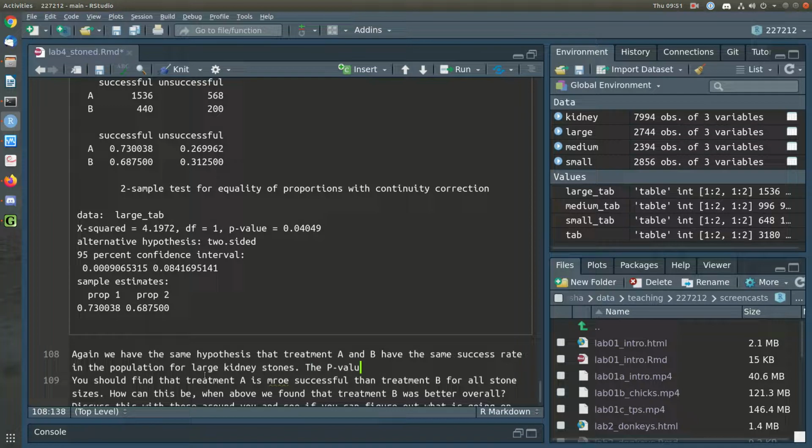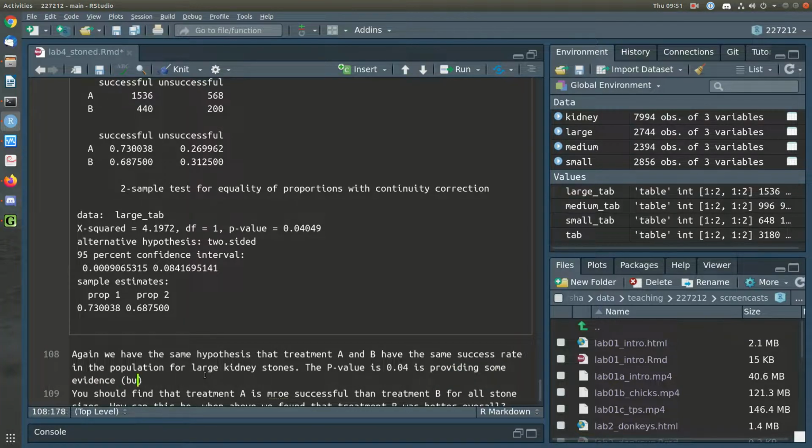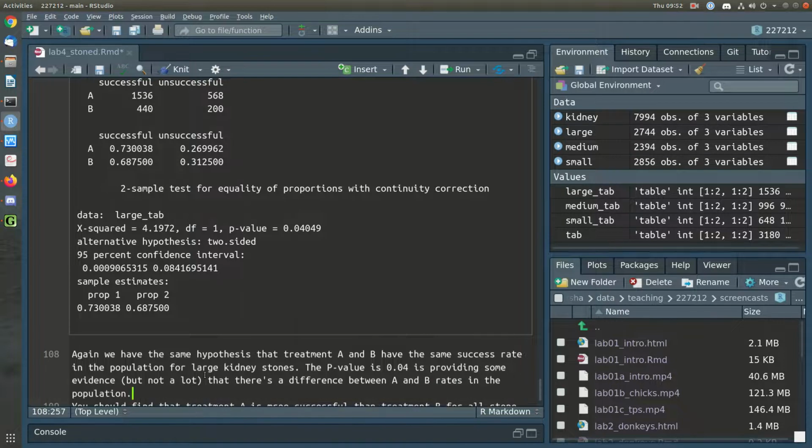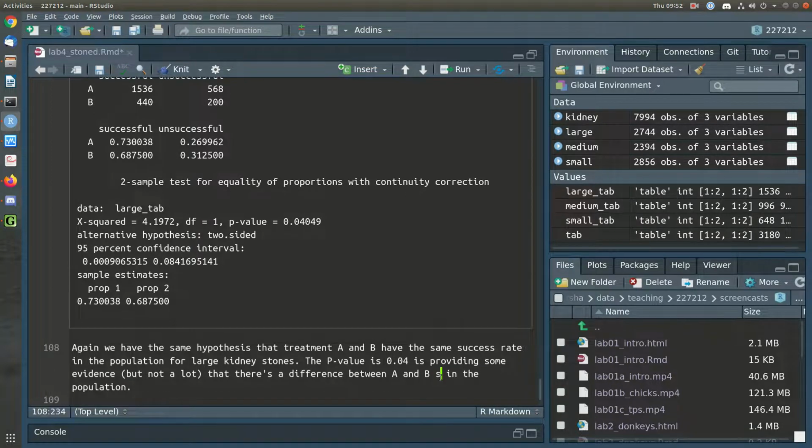The p-value is 0.04, so it's providing some evidence, but not a lot, that there's a difference between A and B rates in the population. Success proportions in the population.